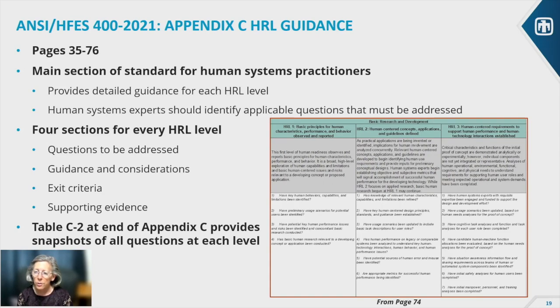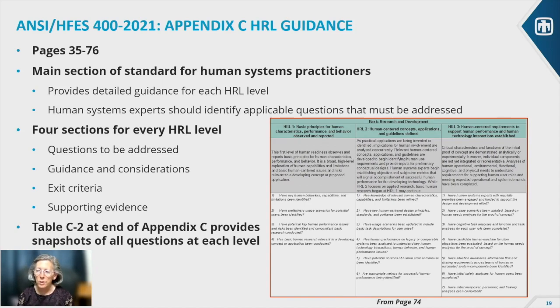So the standard is tailorable. It's meant to apply, again, broadly across different types of technologies and different organizations. So some questions may not apply, given the technology that you're working on or given the organization that you're working for.